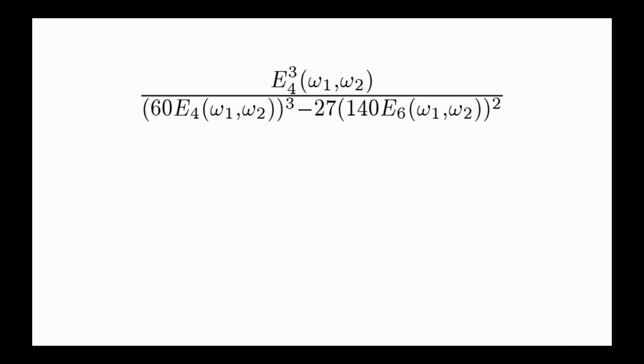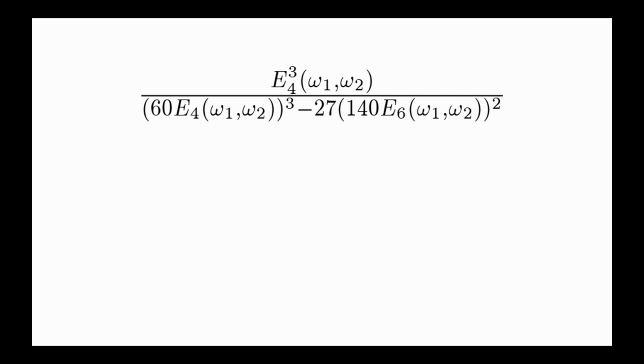And indeed, we have seen that the Eisenstein series are homogeneous functions. So E4 is homogeneous of degree 4. So E4 cubed is homogeneous of degree 12, sorry. And the denominator is also homogeneous of degree 12, which makes the quotient, and we can divide by the denominator because the denominator is non-zero. This means that this expression on the screen is homogeneous of degree 0, and that's why it's natural to construct this fraction on the screen.